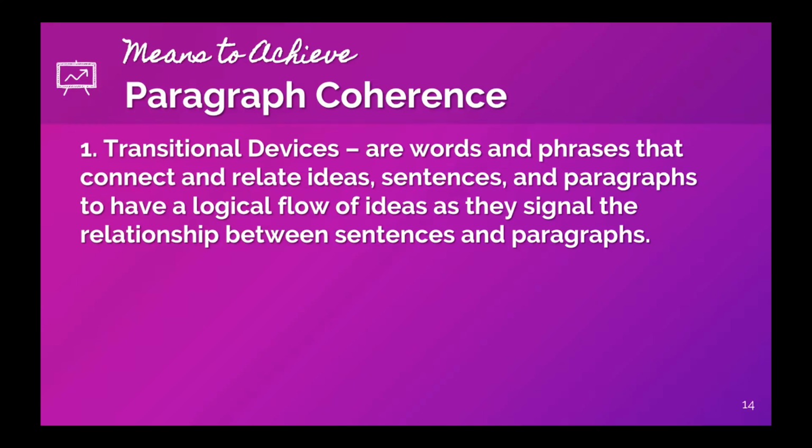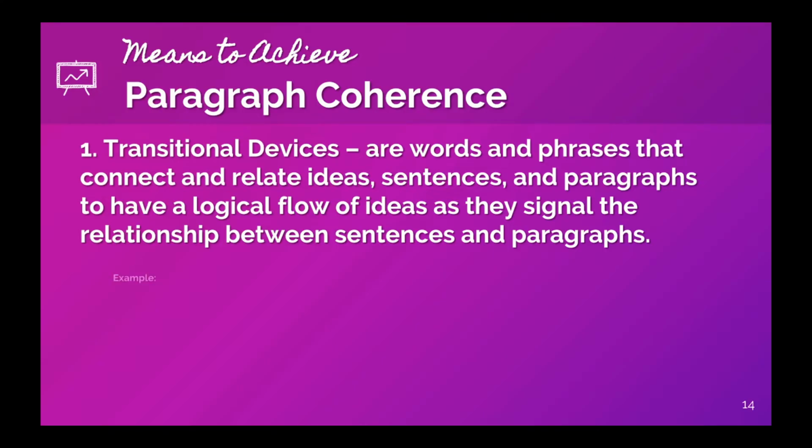It's like when you're making a TikTok video and you will have to change your outfit, for example, and you need to think of a transition effect. So transitional devices are like that. They are words and phrases that connect and relate ideas, sentences, and paragraphs to have a logical flow of ideas as they signal the relationships between sentences and paragraphs.